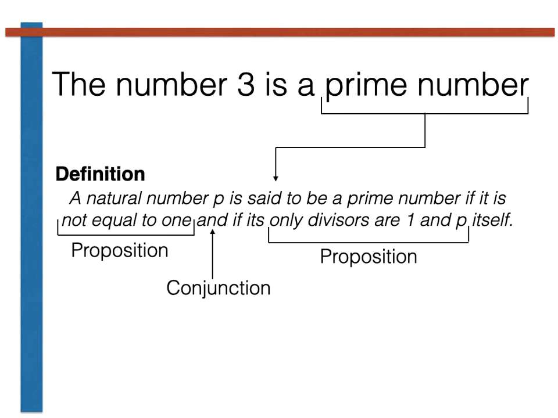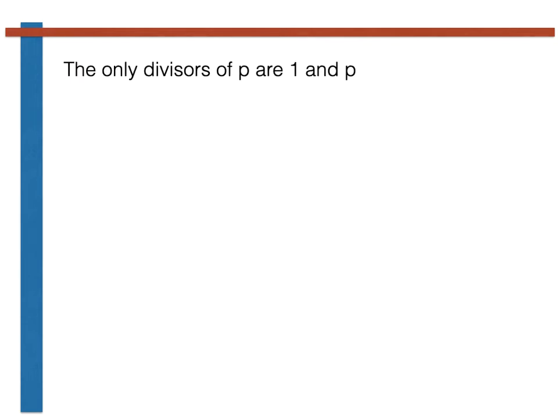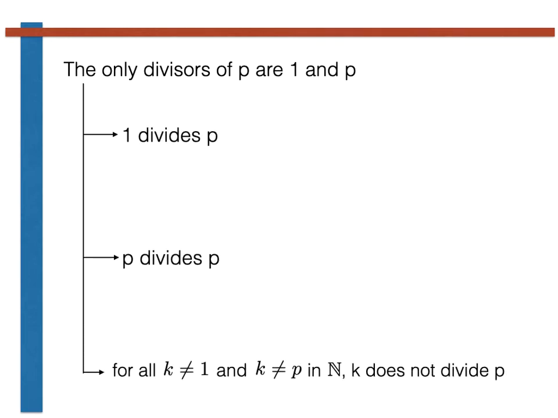If we take the second proposition from this statement about how the only divisors of p are 1 and p, which is the tricky one, we can see how this can be broken down into three further propositions, namely 1 divides p, p divides p, and for all k not equal to 1 and k not equal to p in the set of natural numbers, k does not divide p. We will come back to the last of these statements in a moment.